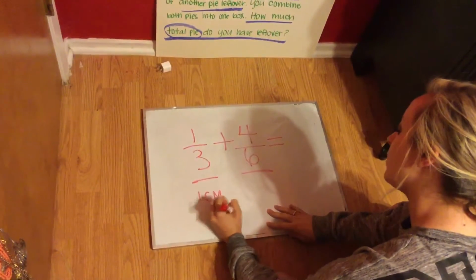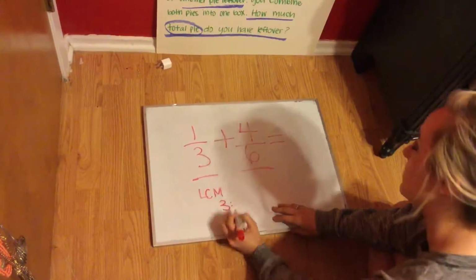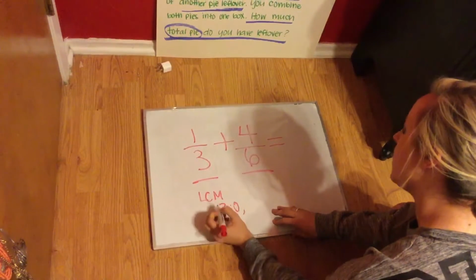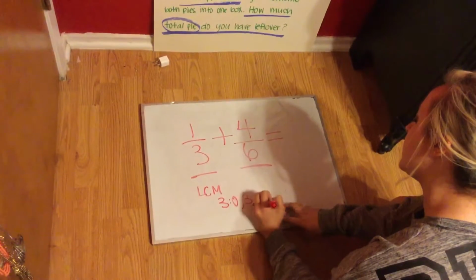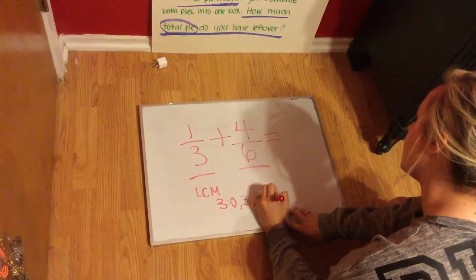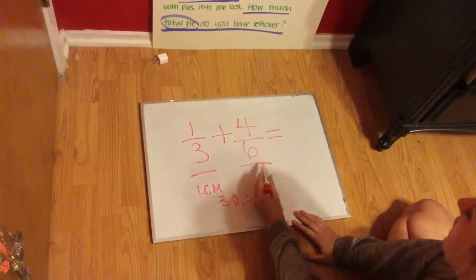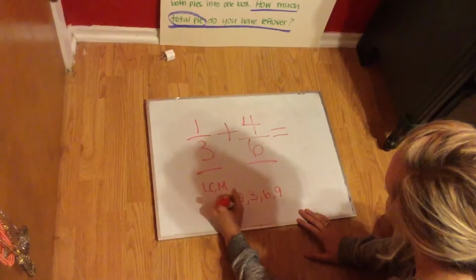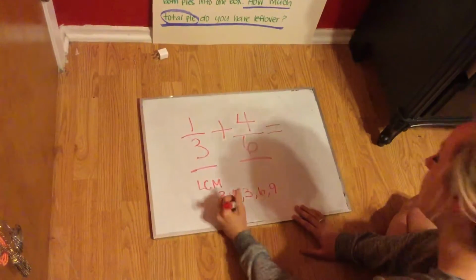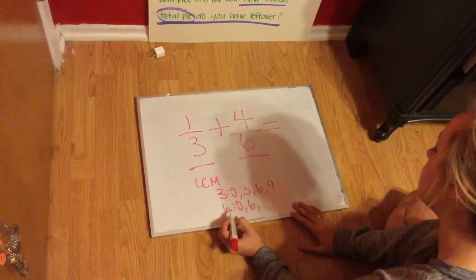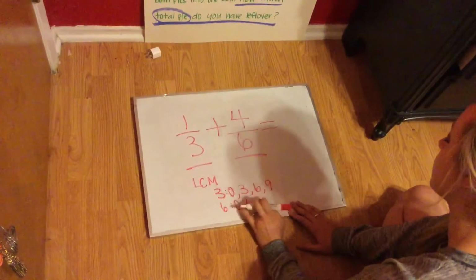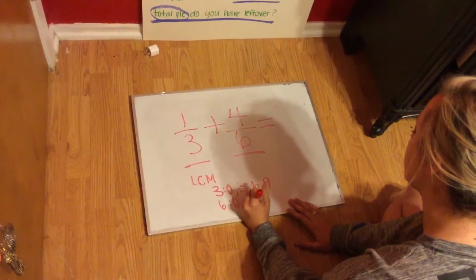So I'm going to start with 3. You know that 3 times 0 is 0. 3 times 1 is 3. 3 times 2 is 6. And 3 times 3 is 9. Okay, now I'm going to go to the 6's. 6 times 0 is 0. 6 times 1 is 6. 6 times 2 is 12.